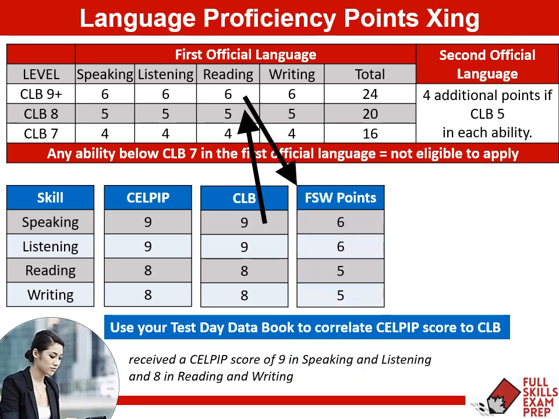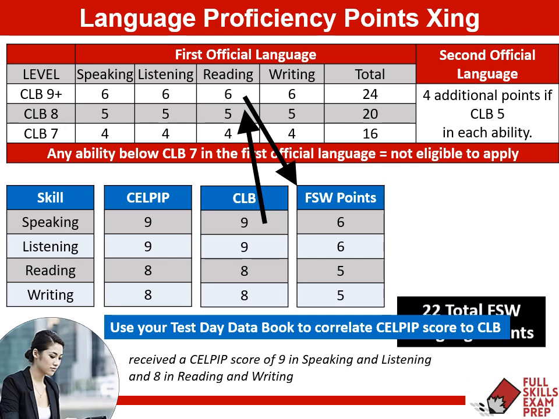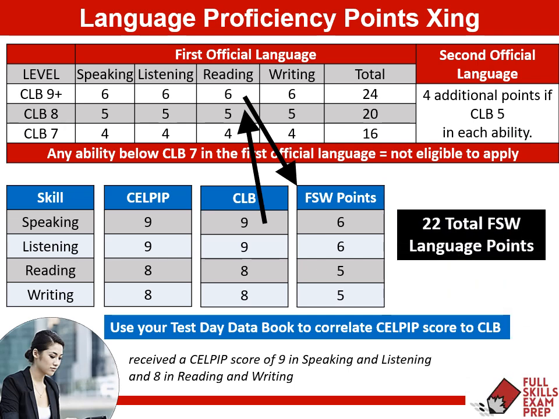With those Federal Skilled Worker points, she gets 6 in speaking, 6 in listening, and 5 in reading and writing. When we're looking at the total language points that she gets in the Federal Skilled Worker Program, this adds up to 22.